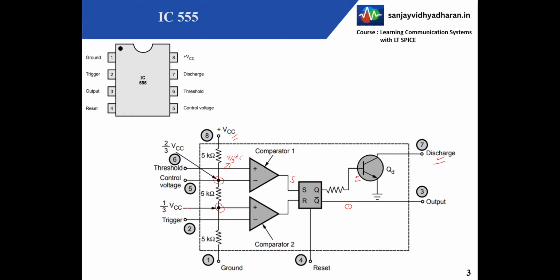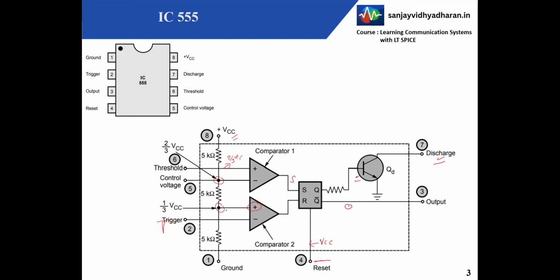And because I am giving 1/3 VCC on the positive terminal, whenever this trigger signal falls below 1/3 VCC, this SR latch will be reset. This is actually a reset bar, so pin 4, for normal operation, I am going to tie with VCC. This is the reset bar signal of the IC.